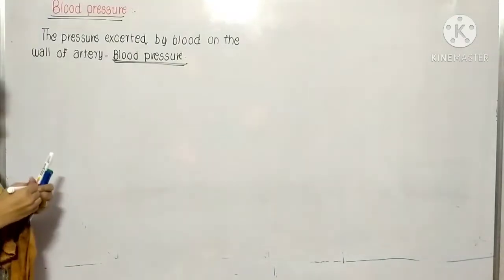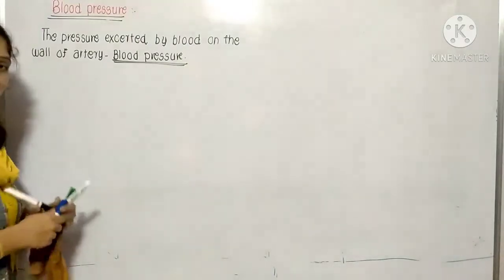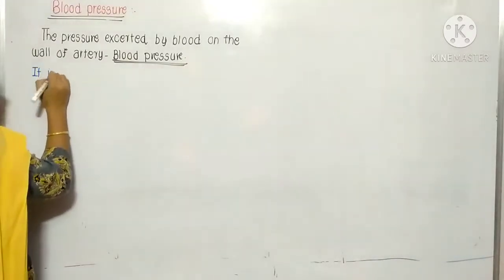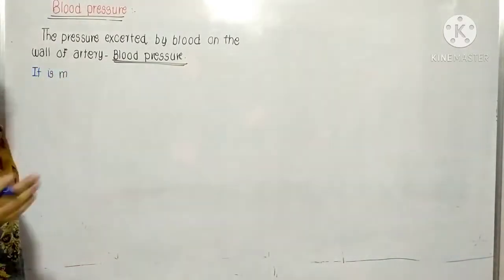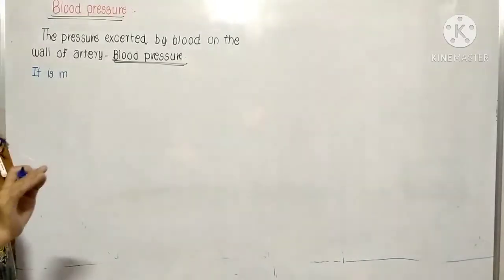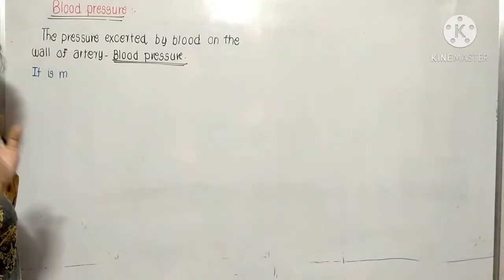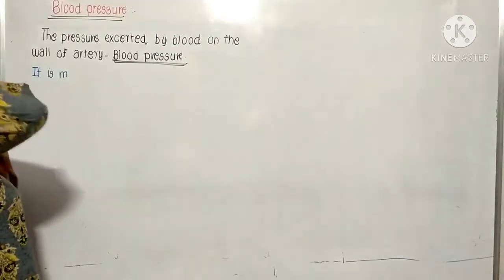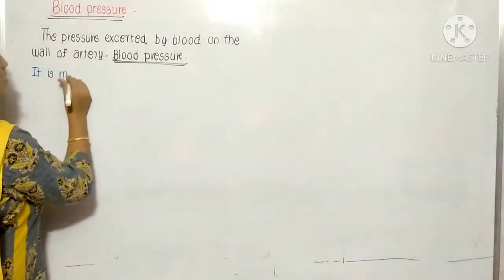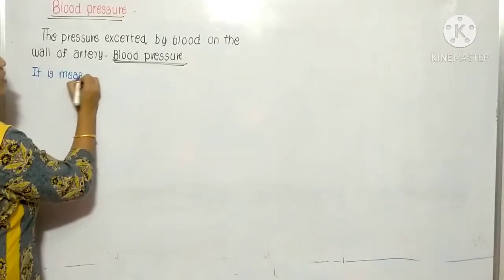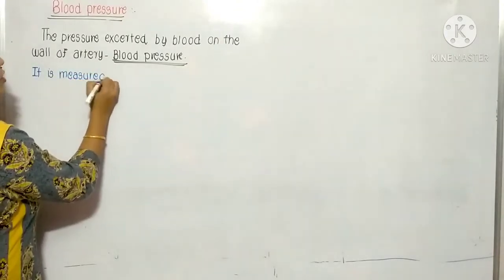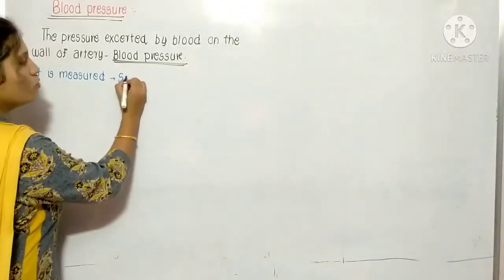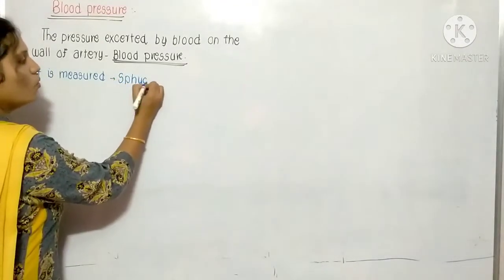Now here, how is this blood pressure measured? Maybe all of you know it, because if you are not feeling well and you visit a doctor, the doctors use a particular instrument for measuring blood pressure. That instrument is known as the sphygmomanometer.